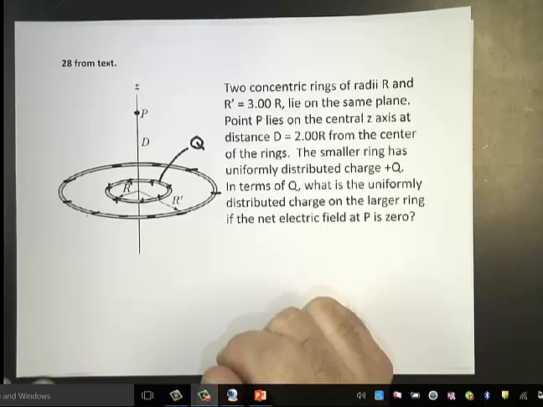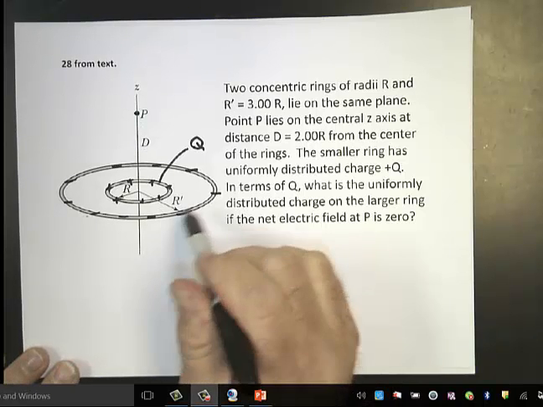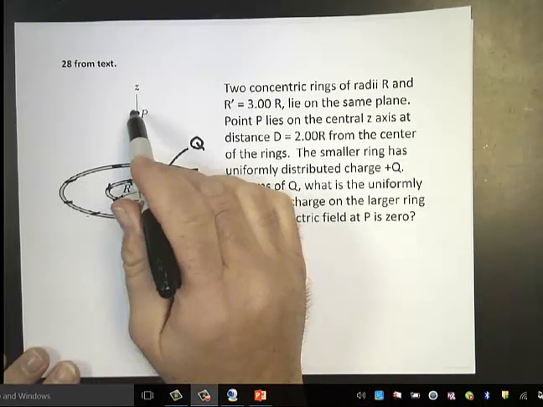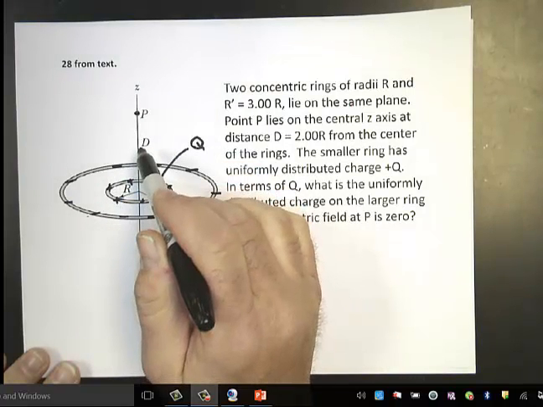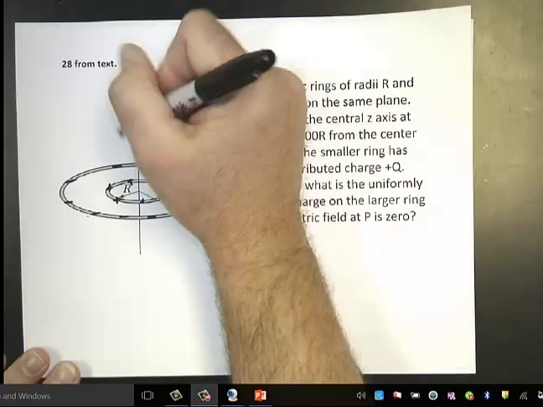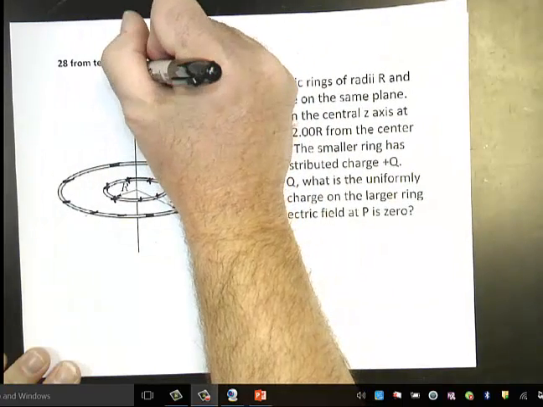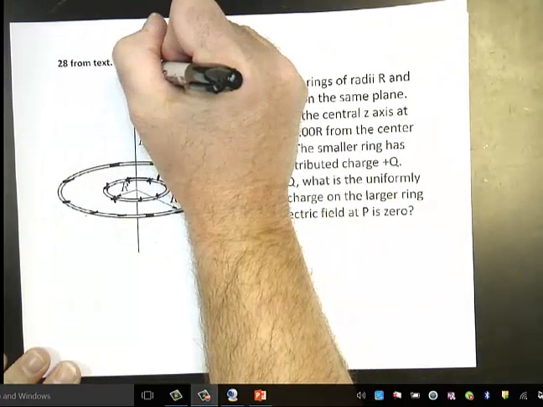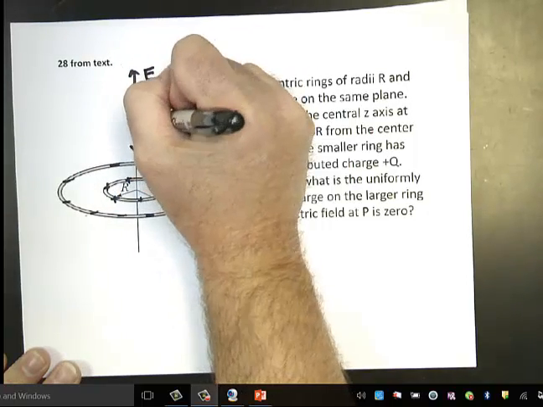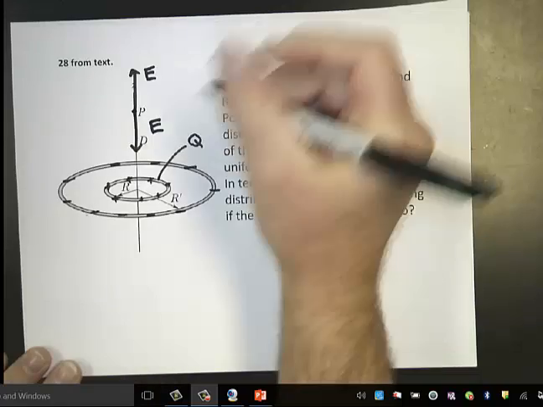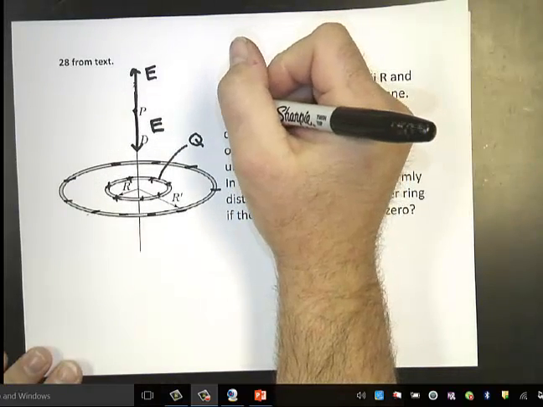If these two cancel out, then the magnitude of the electric field they create there must be 0. In other words, the inner ring is creating an electric field that way, and the outer ring is creating an electric field that way, and they just have to be equal and opposite.